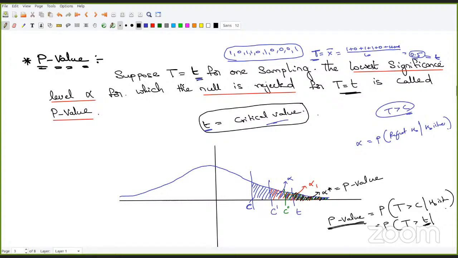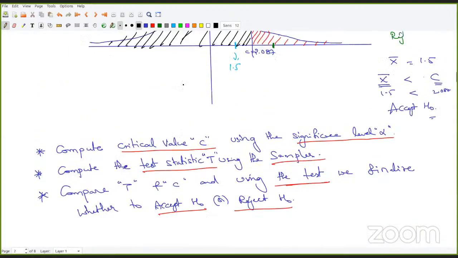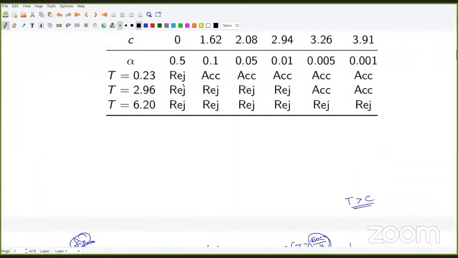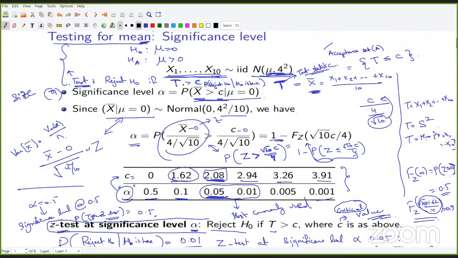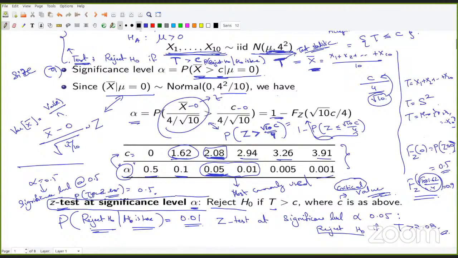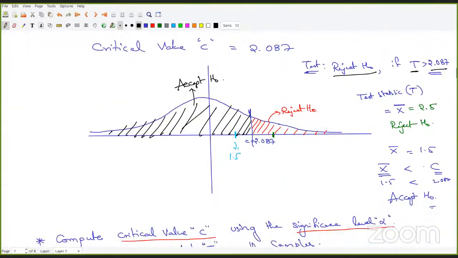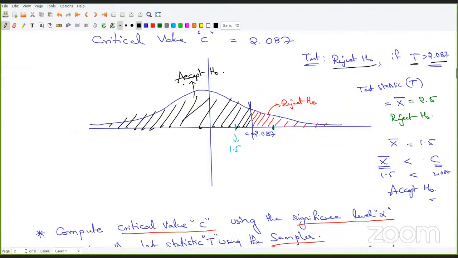That is for alpha and critical value C. We calculated the test statistic and compared it with C. So if we are replacing it with C, then what is the point of T? See, here we don't know alpha. We are trying to find the value of alpha.